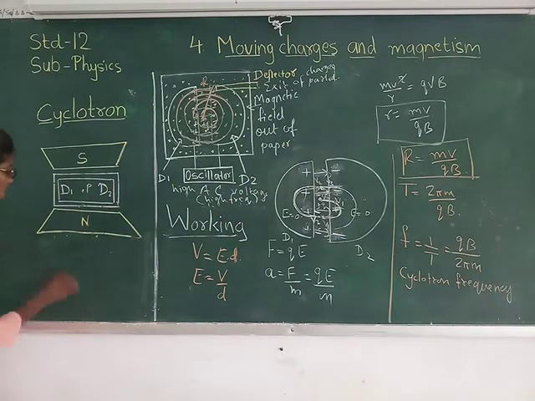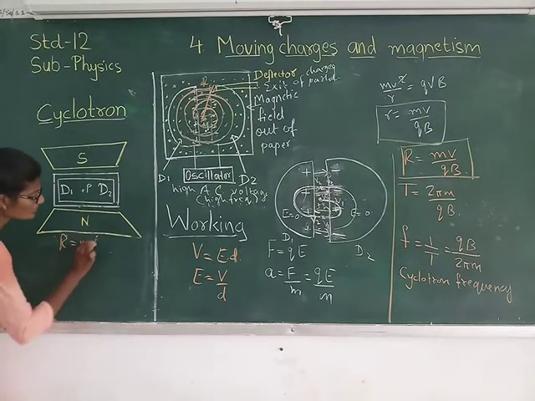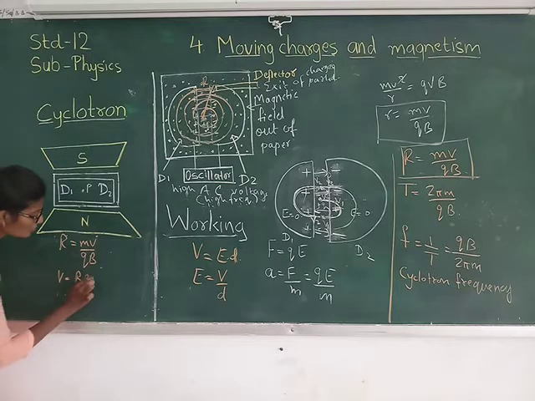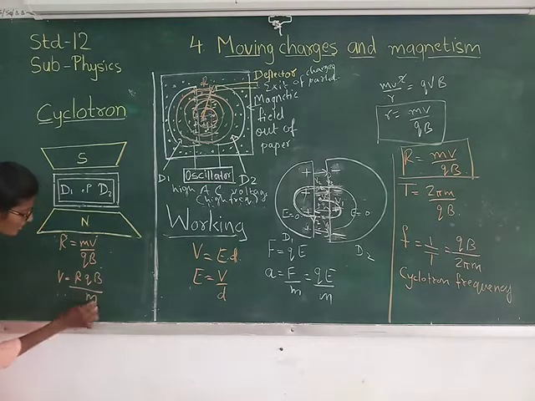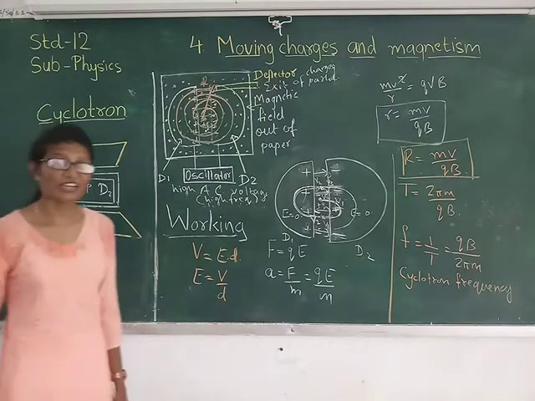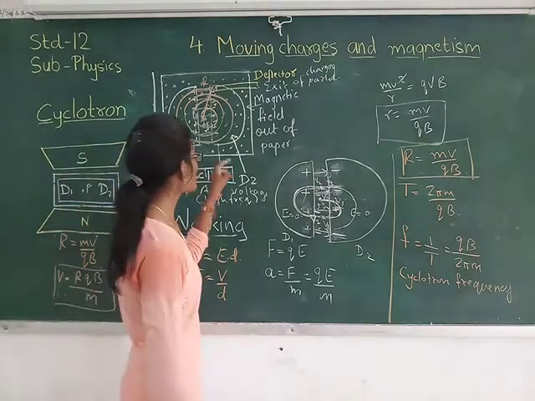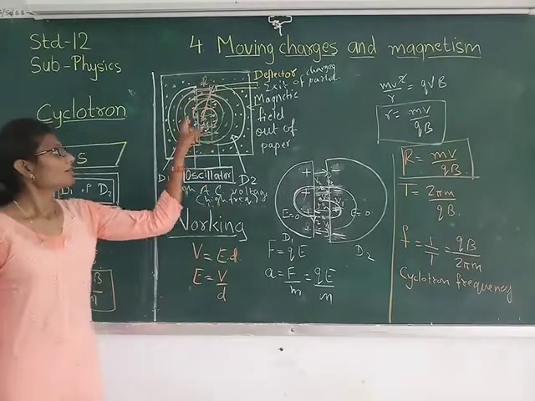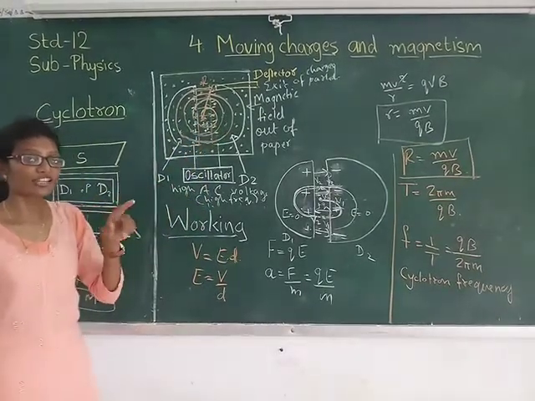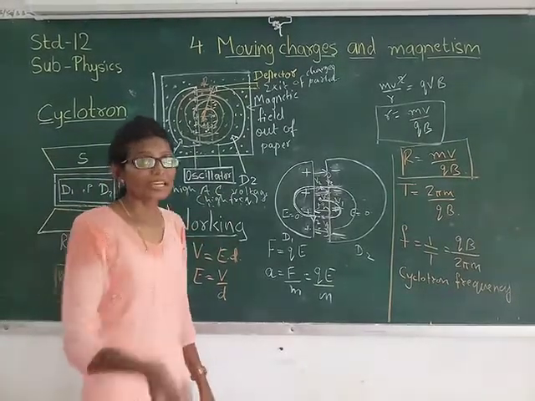And over here, if we take v as the subject from R is equal to mv upon qB, we get v equal to RqB upon m. This is nothing but the final speed of the charged particle, because you can see it moves with a particular velocity and it gets accelerated. Acceleration means its velocity keeps on increasing.